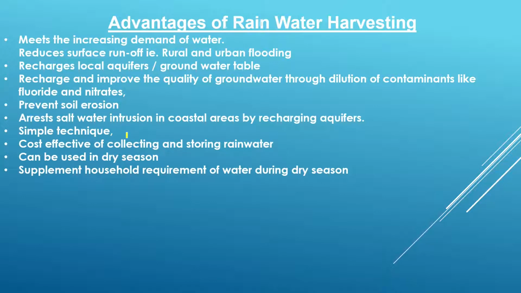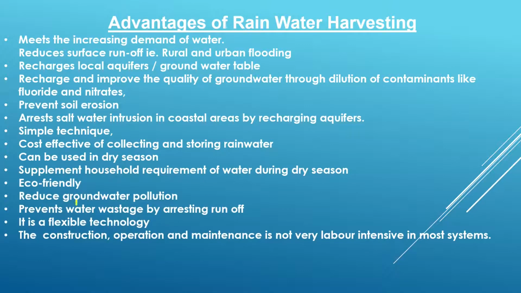It is a simple, cost effective technique of collecting and storing rainwater. Mainly, if it is traditional, then it is much more cost effective using local material. It can be used in the dry season, to supplement household water requirements during the dry season, especially in the urban area.